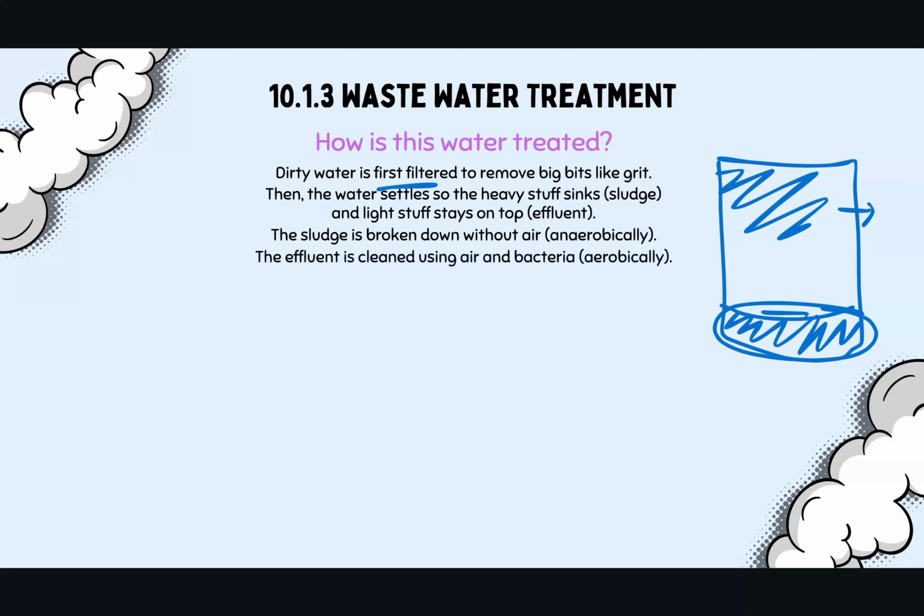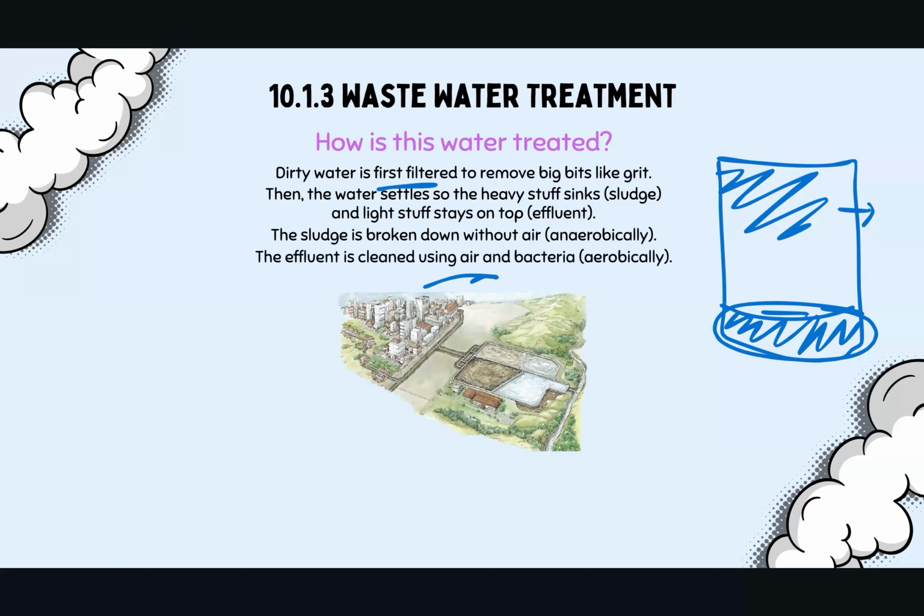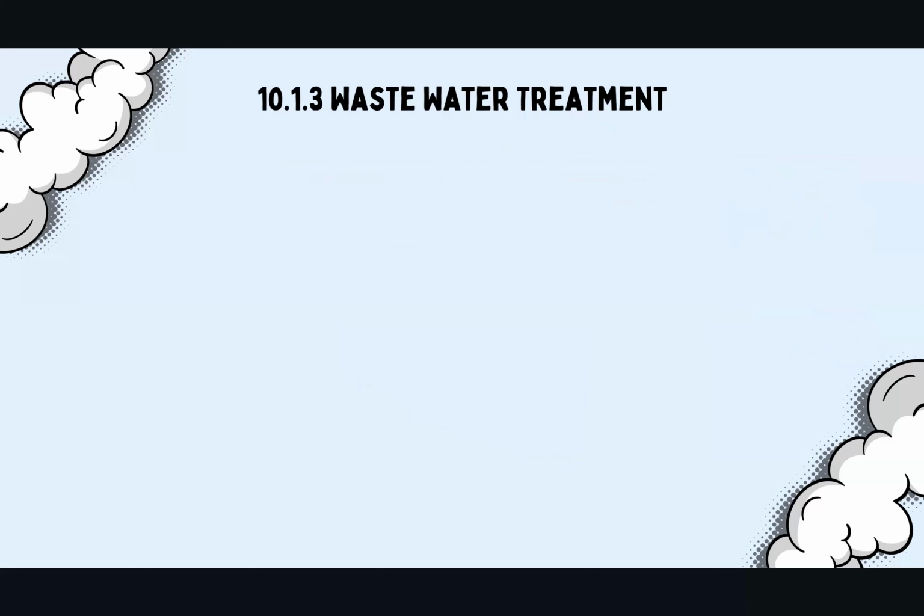The effluent is cleaned using air and bacteria. So again, air and bacteria will aerobically break it down and make it safe again, so that water can be used. But generally speaking, wastewater isn't used for drinking.